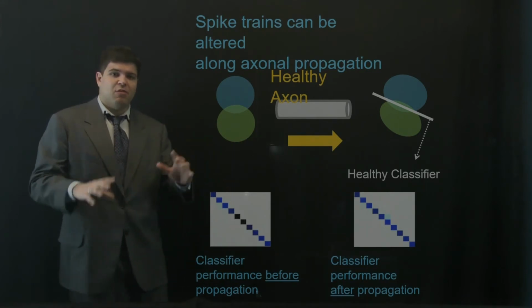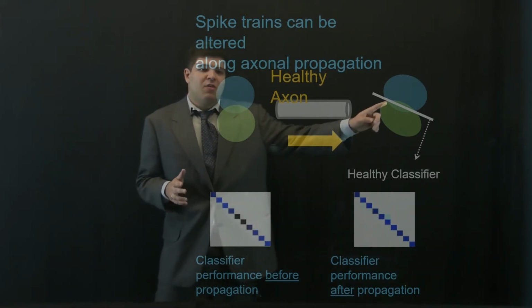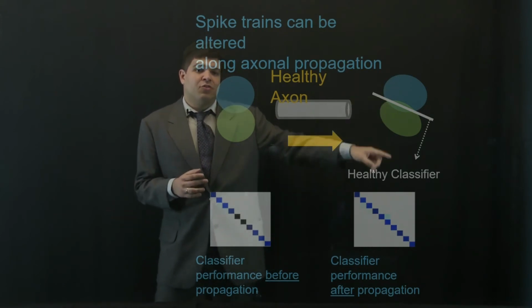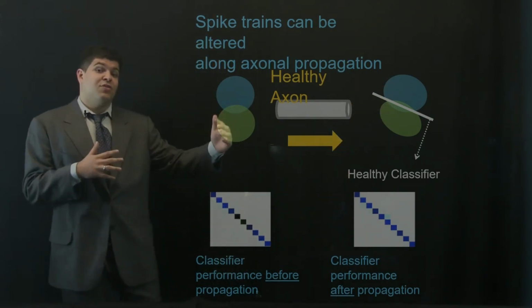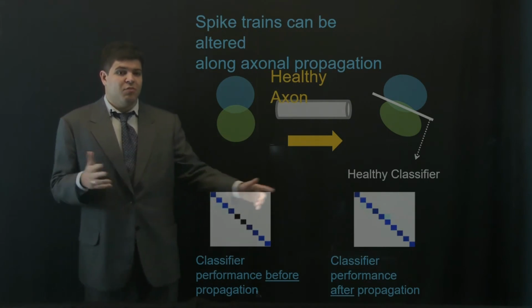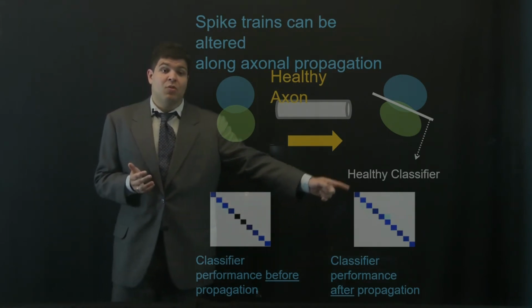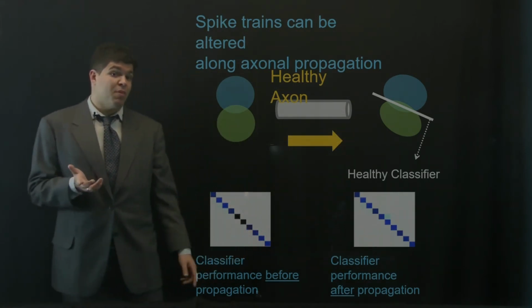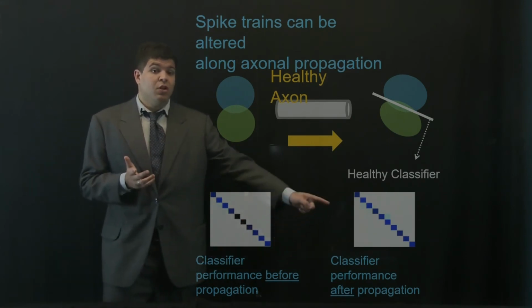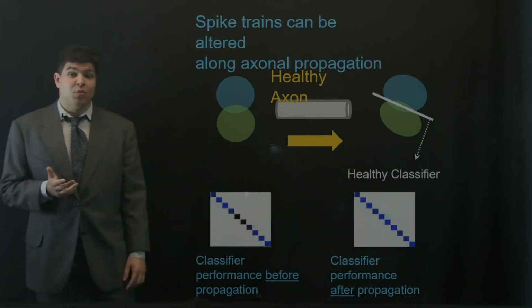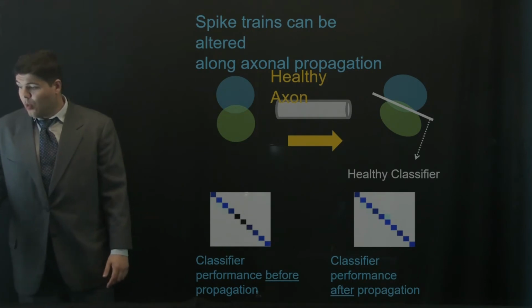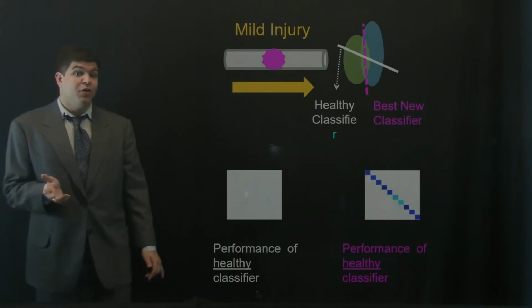So even if they shuffle and change a little bit, it's very clear that you can still discriminate the two classes and that they're still sufficiently far apart. In other words, the matrix that would come out after propagation will still look pretty much diagonal as well.